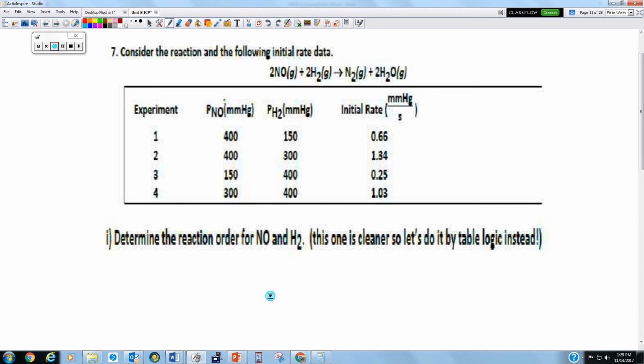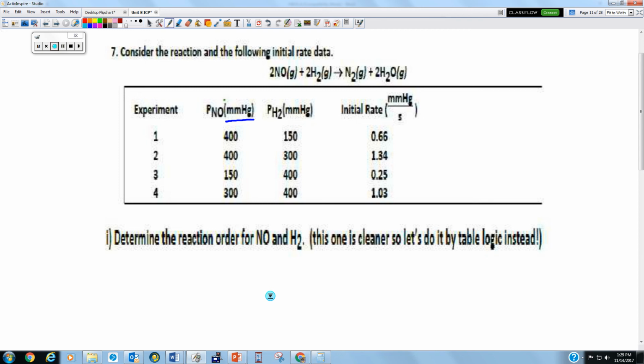So let's go ahead. Consider the reaction and the following initial rate data for nitrogen monoxide plus hydrogen yielding nitrogen gas and water vapor, H2O. All right, so what's different about this data table since the last one? It's in pressure rather than concentration, but it works the same.